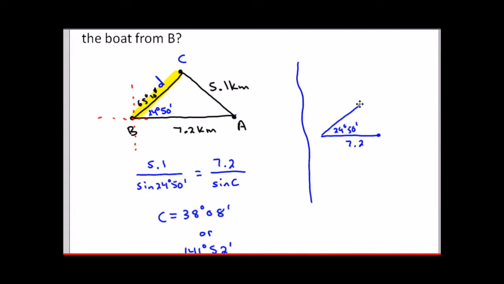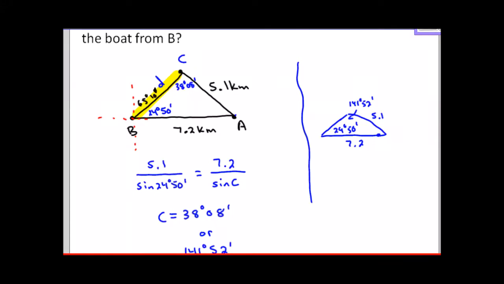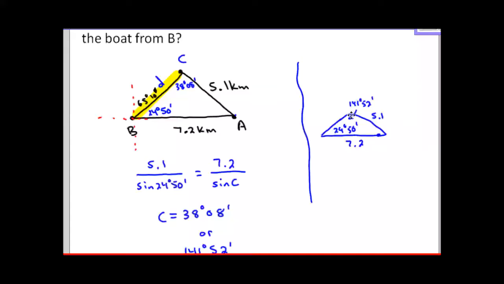So this angle C, let's see, 90 would be about like that. I don't know, I'm not real good at drawing. This angle C right here, this could be 141 degrees, 52 minutes. If I do that, this isn't going to be a triangle anymore. How would I draw it? See, guys, this is part of the problem of trying to draw this. I'm going to pause this video and think about this drawing. All right, I think I've got a little bit of a grasp on it, but it's drawing these things.